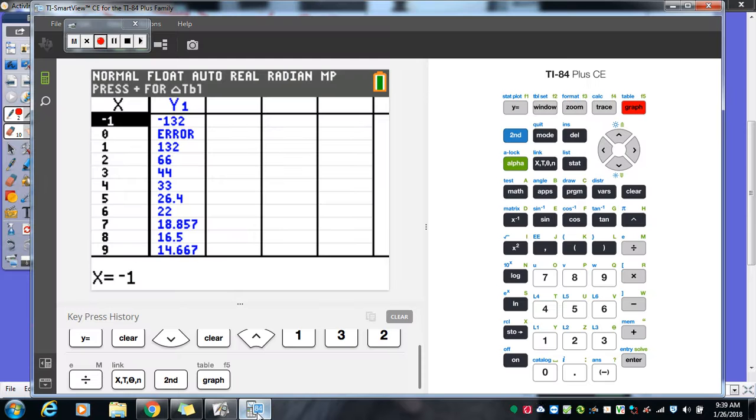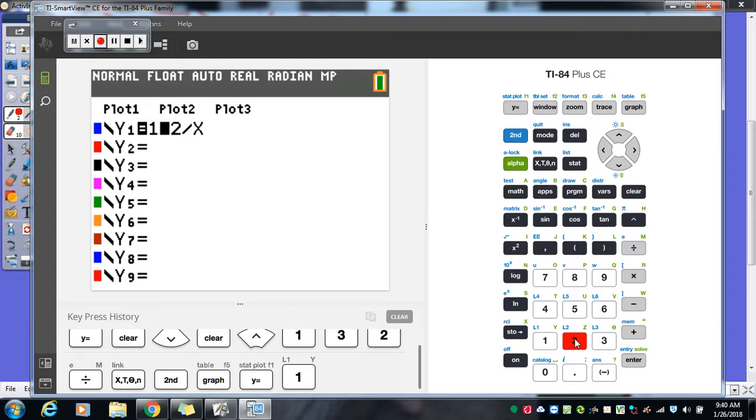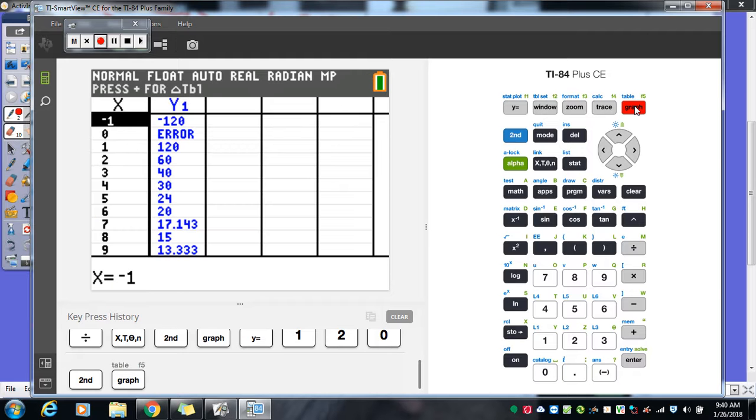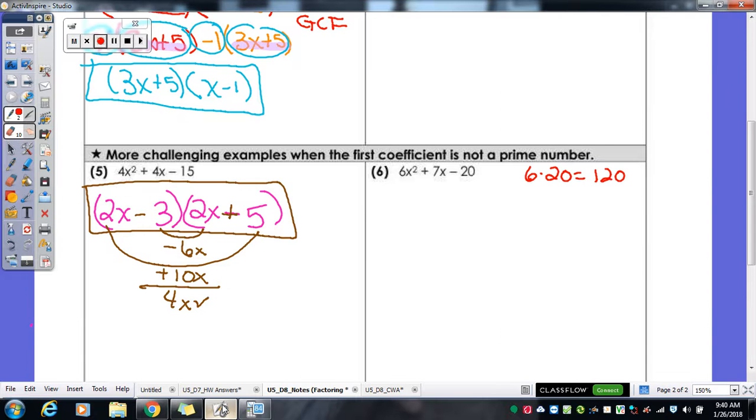So use your calculator if you need to. Go to your y equals, 120 divided by x. Let's see here. 8 and 15. There it is. So which one would be my positive? If I want a positive 7 in the middle. Good. So 6x squared plus 15x minus 8x minus 20.